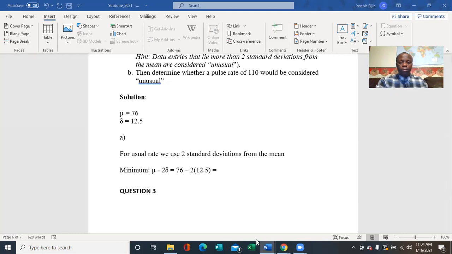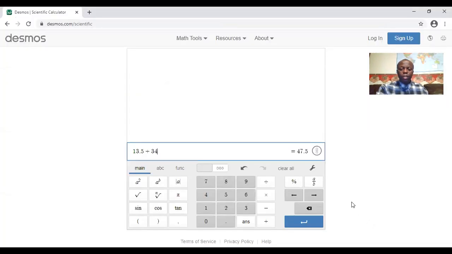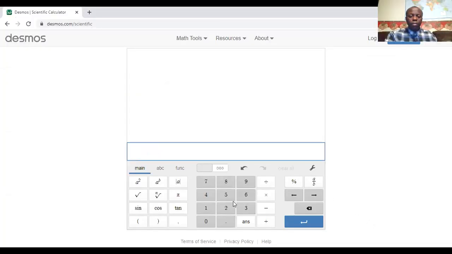Clear all, 76 minus 2 times 12.5, giving us 51 beats per minute. So that's 51 beats per minute.